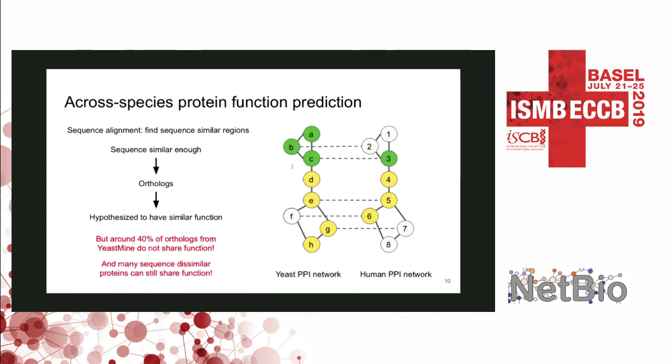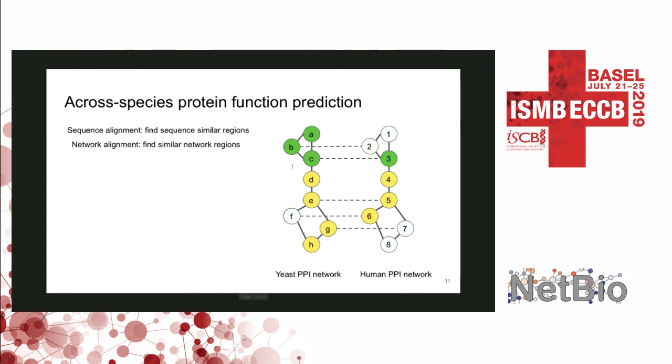Then, if we want to compare PPI networks, we need network alignment, analogous to sequence alignment, but now we have our 2 PPI networks. We don't know which proteins correspond to each other.